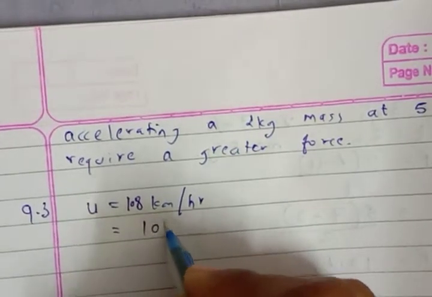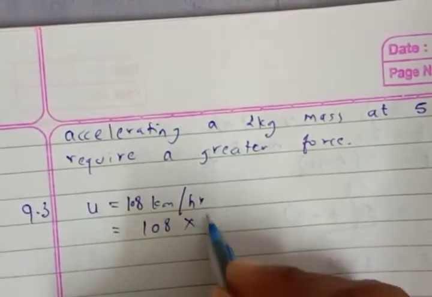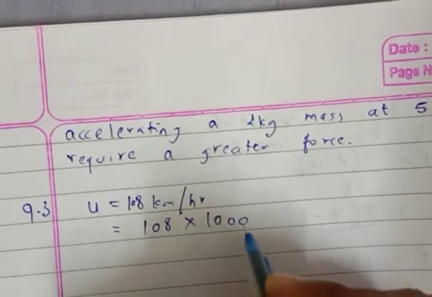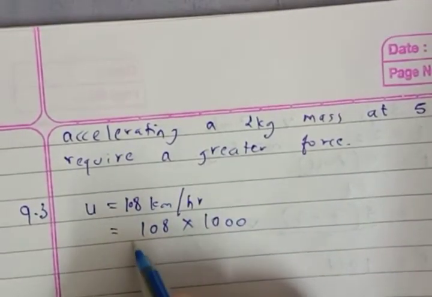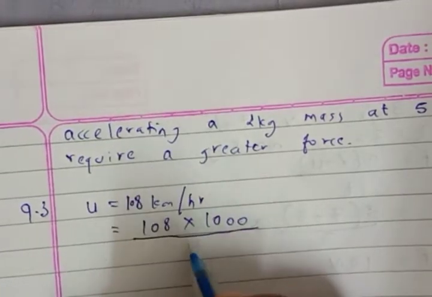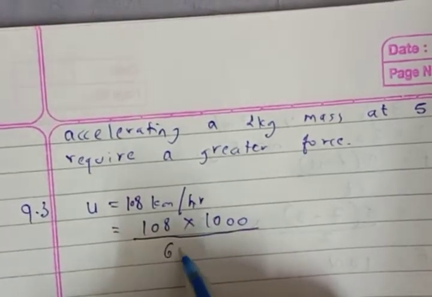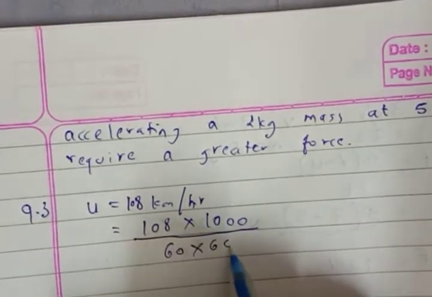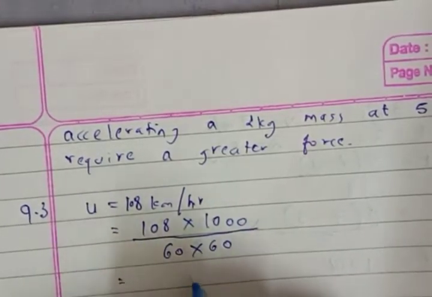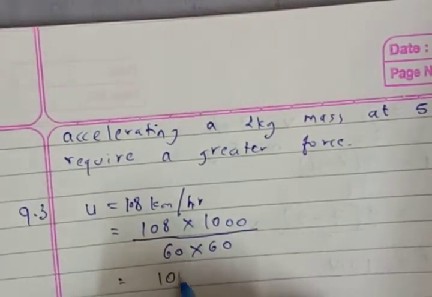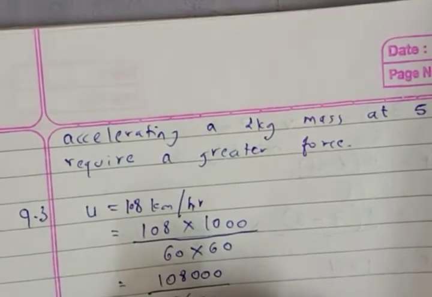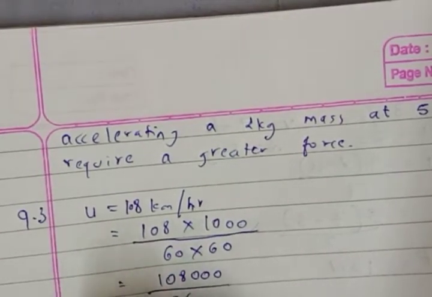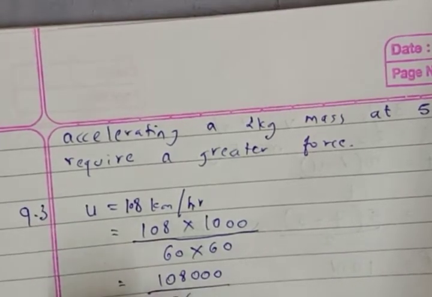So 108, 1 kilometer is 1000 meters, and it will be divided by 1 hour, which is 60 into 60 seconds, so 3600. If you divide this, it will come around 30 meters per second.